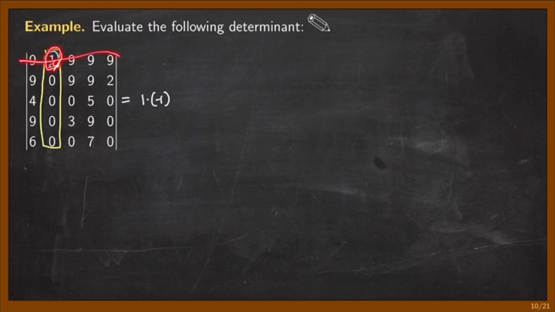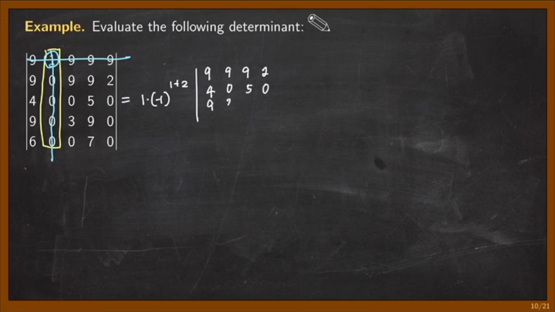It's on the first row, second column, so 1 plus 2, times the determinant of the matrix obtained by deleting the first row and the second column. So what's left is the determinant 9, 9, 9, 9, 2, 4, 0, 5, 0, 9, 3, 9, 0, and 6, 0, 7, 0.